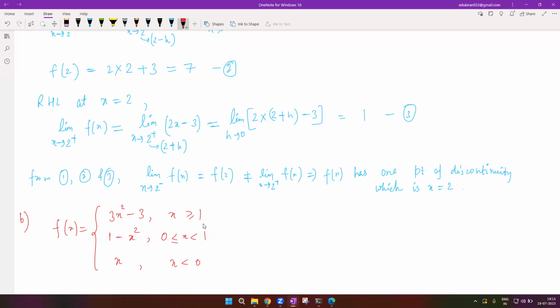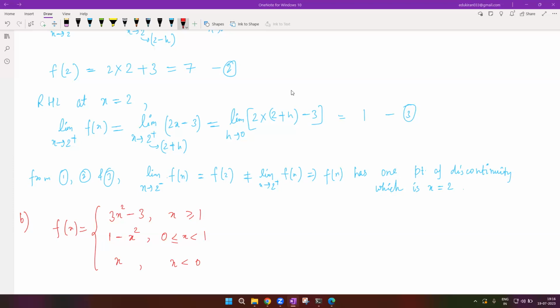So we may have 2 points of discontinuity. Can you tell me what are the possibilities for discontinuities? I first want to know the possible points of discontinuity. What are the possible points of discontinuity in this case? Anyone? Correct. Austin and Shahid, both are correct. Good. There may be only 2 points of discontinuity.